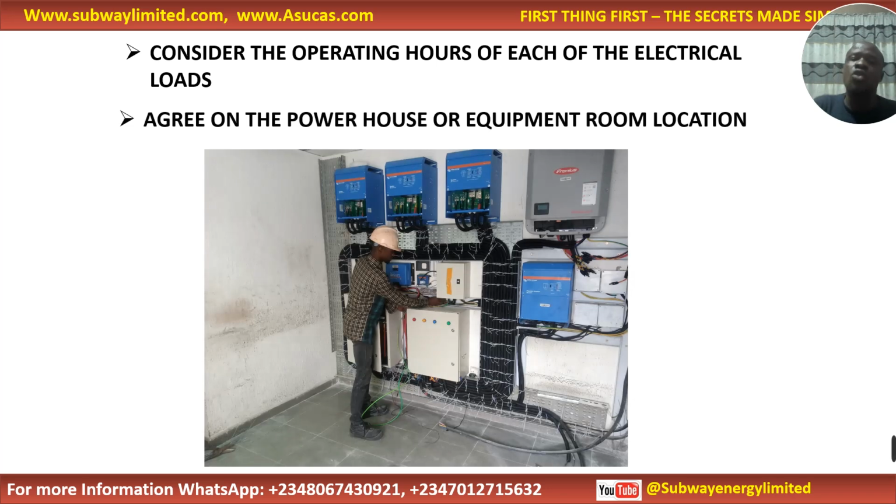Then agree on the powerhouse or equipment room, especially when you are going for a commercial or industrial solar system installation. The materials, the components will be much, and it's not something you go and pack in one corner like that. You need a spacious space, or they can build a powerhouse for the purpose of installing the solar components.